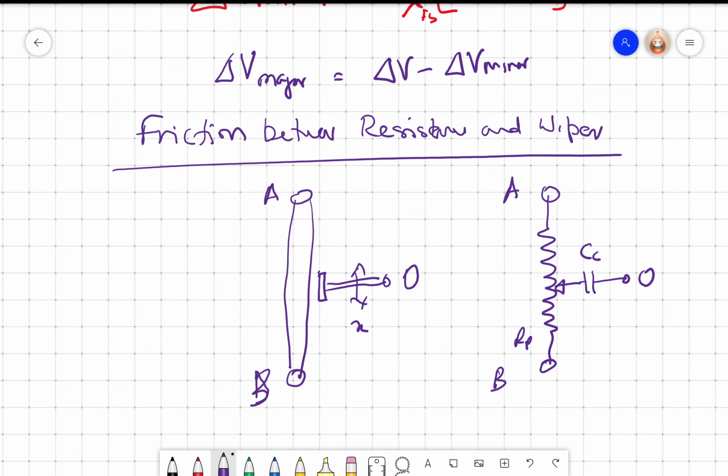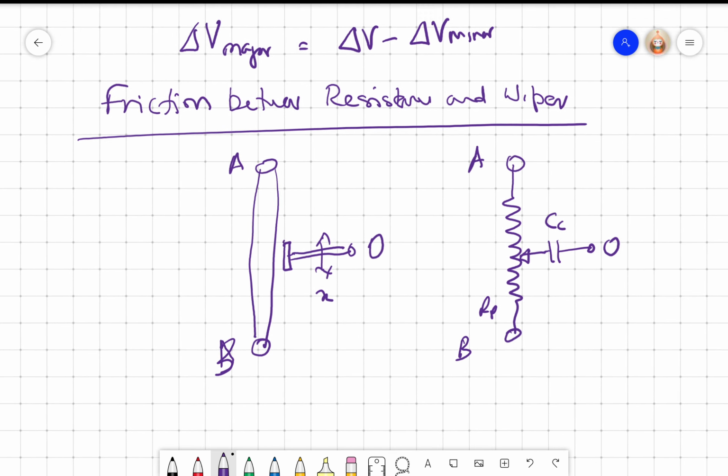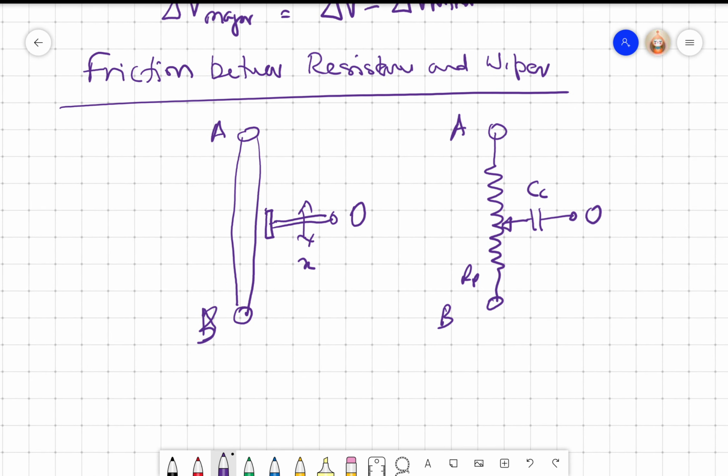The capacitance comes because of the air gap here, right? So one way is to say, okay, the moment it's capacitance, if I put a DC excitation, nothing will come out because capacitance will block DC. So I can instead use an AC source and get an output here.